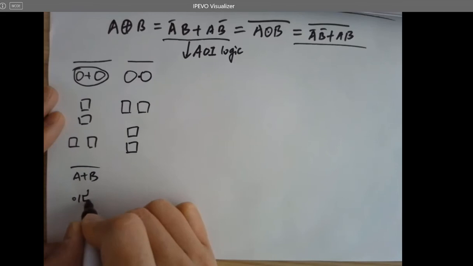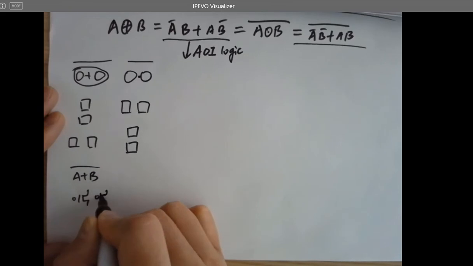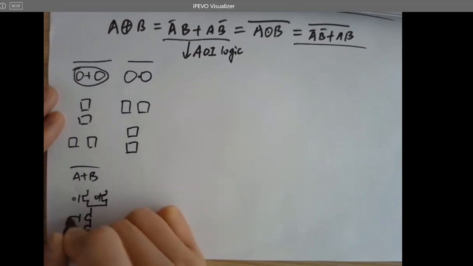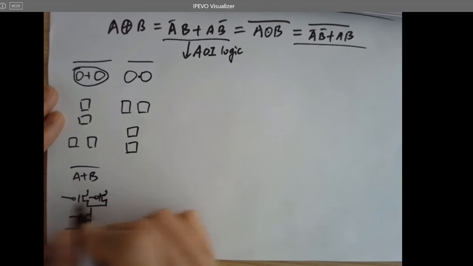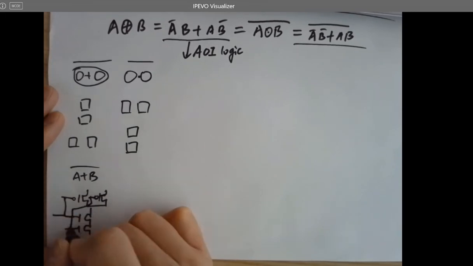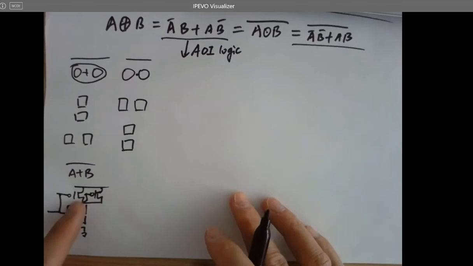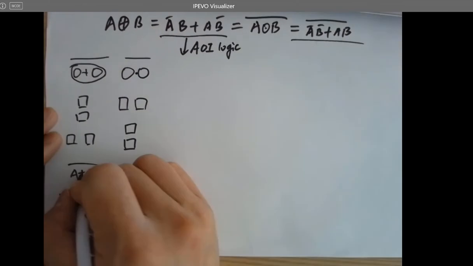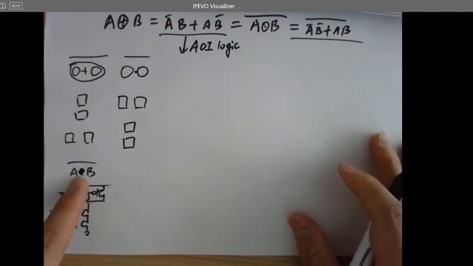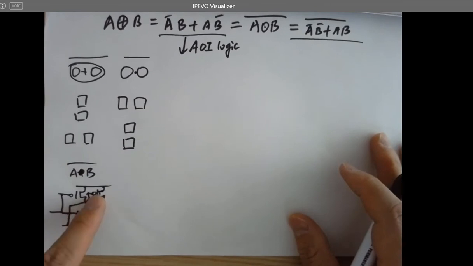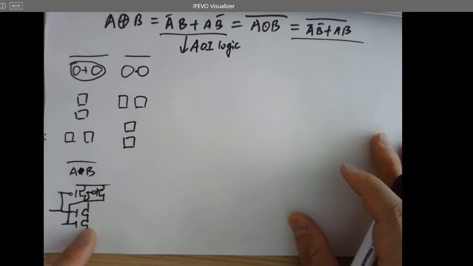Then the circuit looks like this. I've been doing this a million times. All right, so PMOSes are on the top. Oh no, this is NAND, sorry. So NAND: if it's an AND logic underneath the bar, you have two PMOSes on the top in parallel and two NMOSes at the bottom in series.